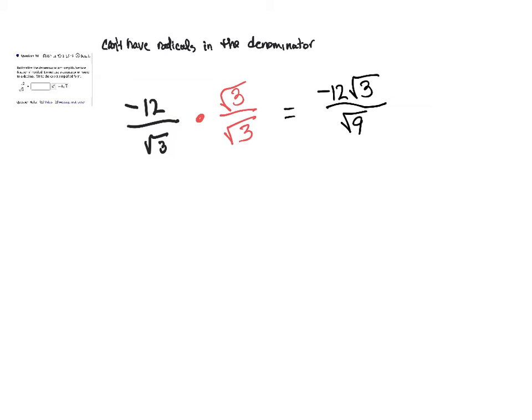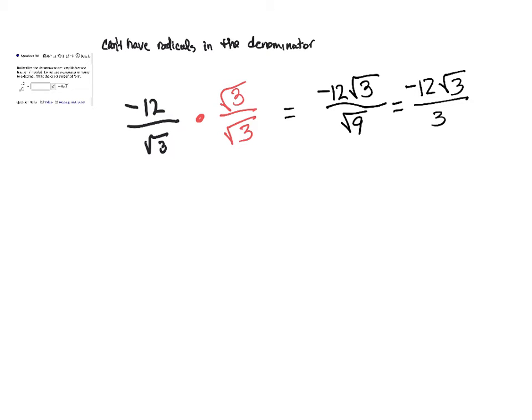Those are both under the radical, so I multiply the 3 times 3 to get 9. Now you can see if you're multiplying the same radicands and it's a square root, it's just going to come out. You don't have to do that extra step of root 9. So that would be negative 12 root 3, square root of 9 is 3.